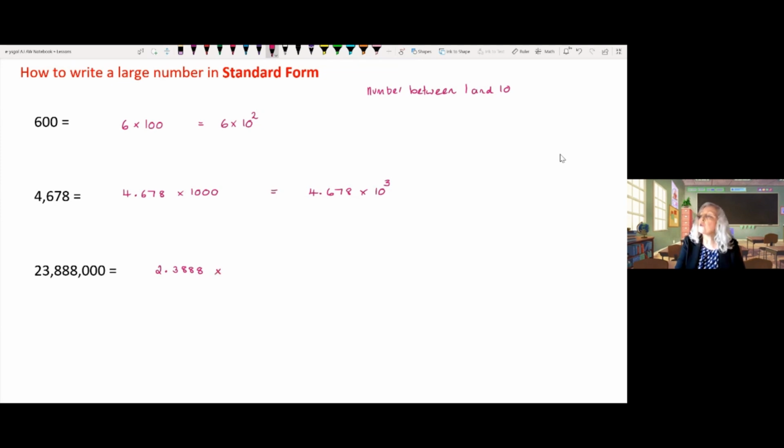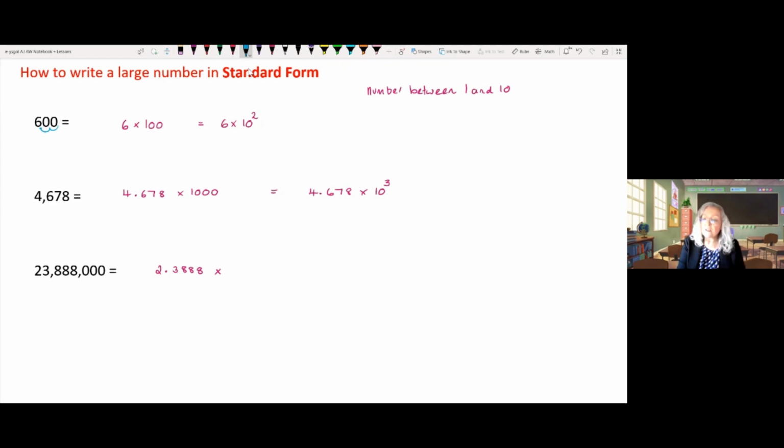Well, let's have a look at the ones that we did here. What we needed to think about with these was how many times we had to move the number in order to get the place value of 6. So here we would need to move the number to put the decimal place here. We would have had to move this number twice in order to get the decimal place here. And that's where this 2 comes from up here.